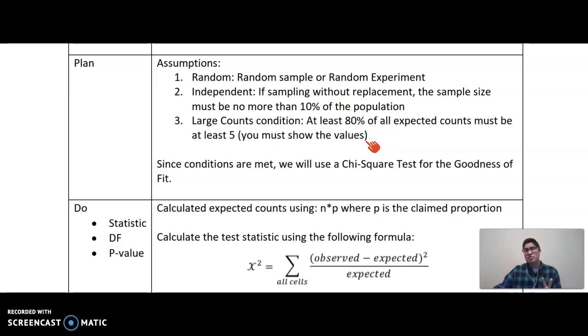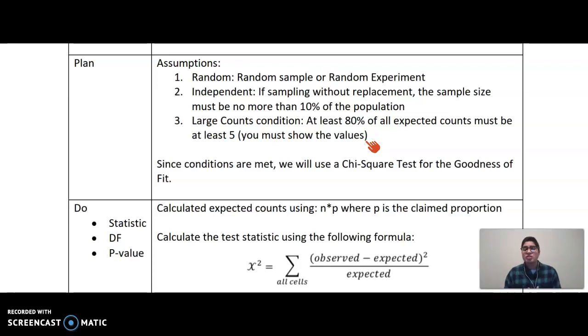Theoretically, my results shouldn't influence your results. And last one, which is typically our normal condition, we're going to go back to large count since this is categorical data. But we're not going to say normal by large count or approximately normal. We're just going to call it the large counts condition, and we're just going to ensure that at least 80% of all of our expected counts are at least 5. Now, we're going to do some practice with this in case you're like, whoa, what is happening?